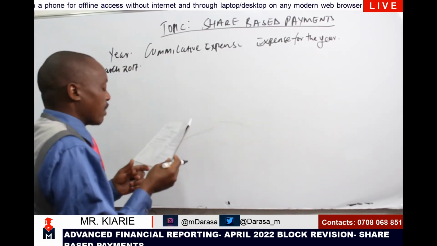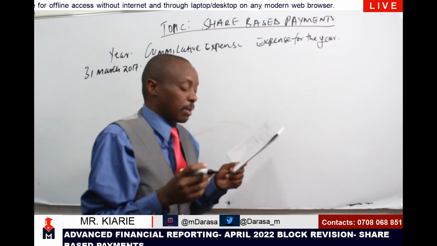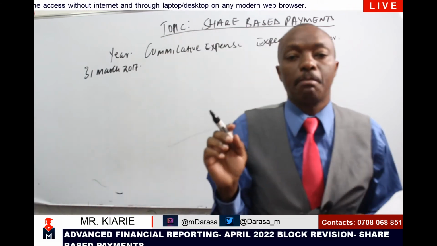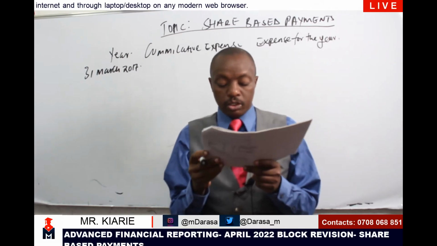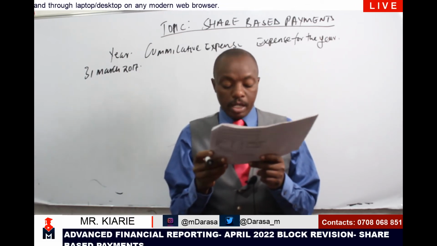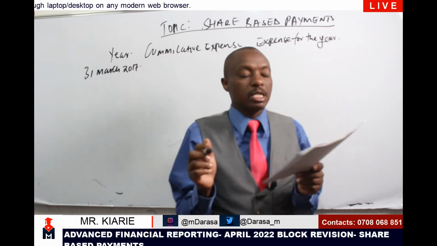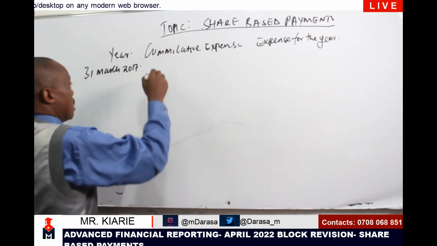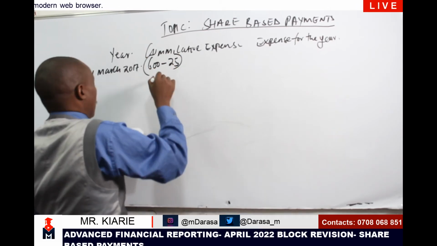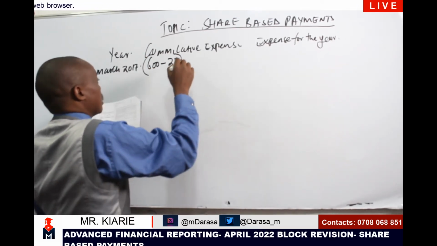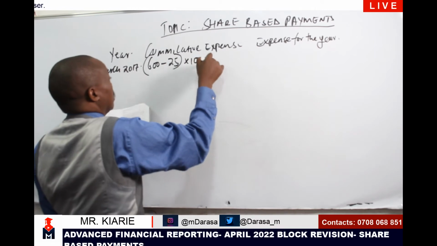For the cumulative expense, you take the original number of employees, which, as I can see from the question, was 600 employees. But 25 employees were expected to leave in the first year. So 600 minus 25. The number of options being granted are 100.